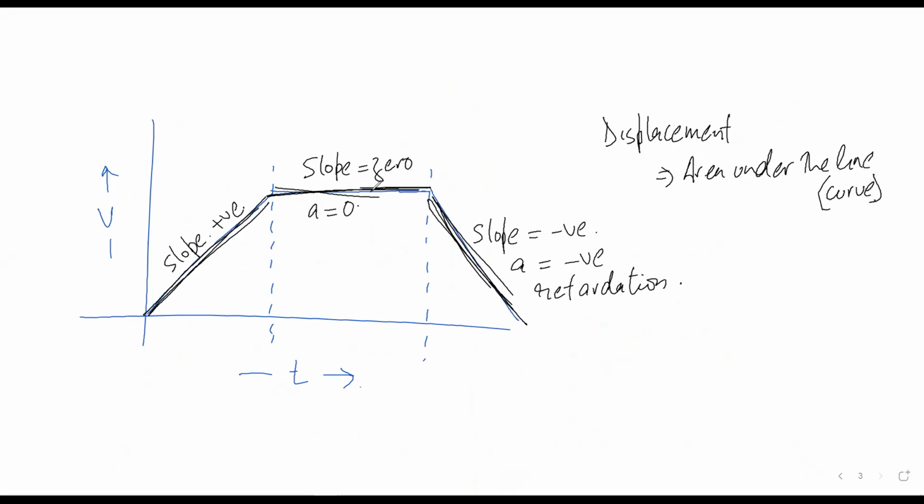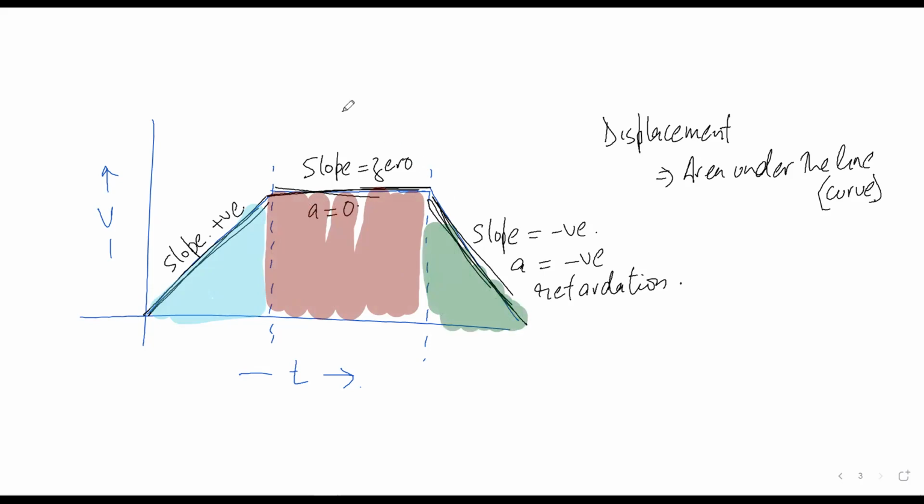So for example, if I want to calculate the displacement in this part, I have to calculate the area of this triangle. If I have to calculate the displacement from this time to this time, this would be the displacement. And if I have to find the displacement from this time to this time, this would be the displacement.